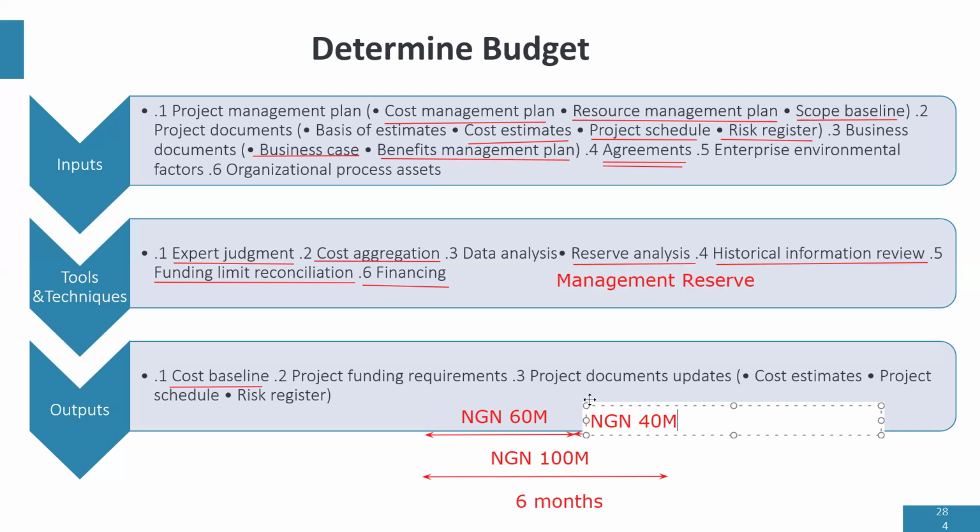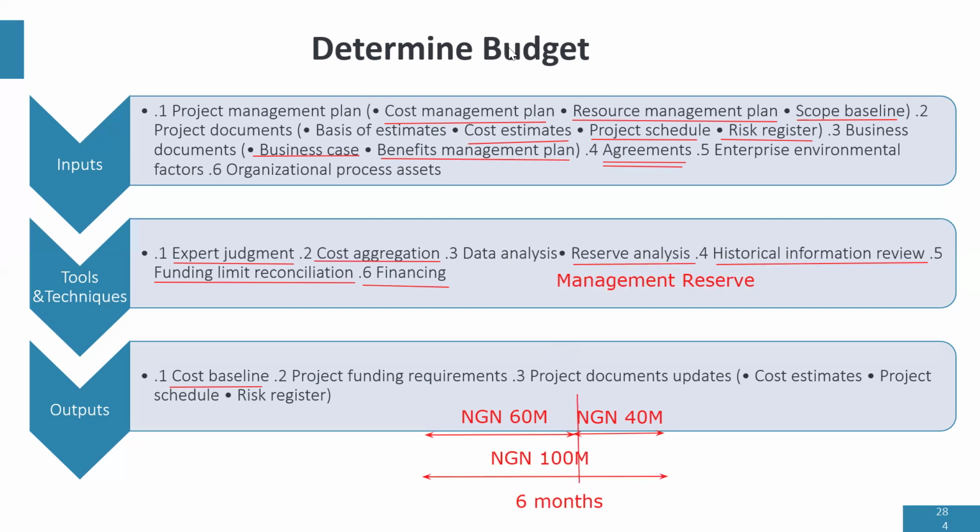What happens is that the organization may decide to borrow or finance the remaining 40 million. And that is reconciling the funding limit. Because if we don't, the moment the 60 million is spent, the project will get stuck.